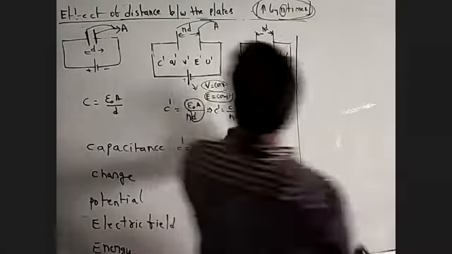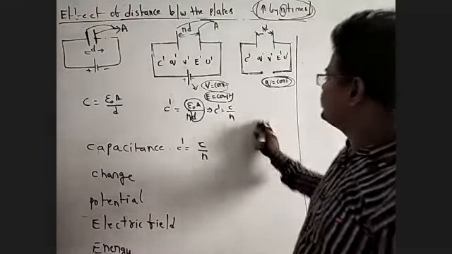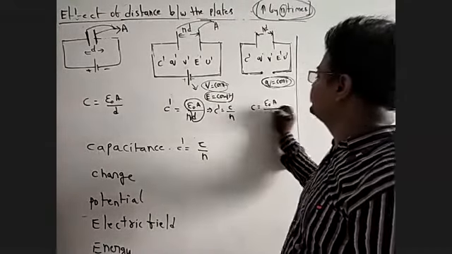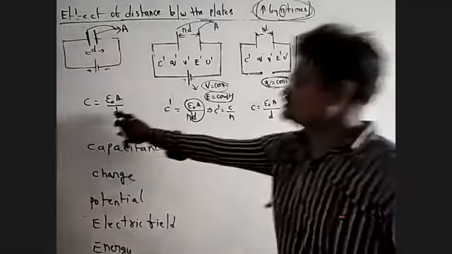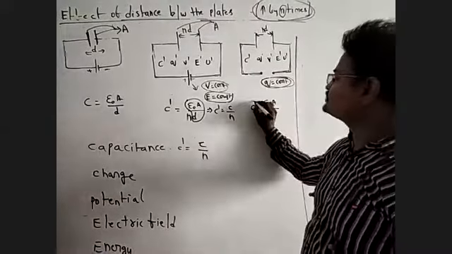Now, in this case, what is the formula? Here C is equal to epsilon naught A by D. This is the general formula, and it applies to this circuit too. What is the C dash value?